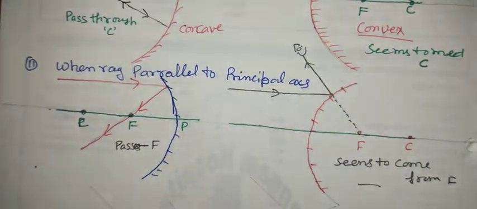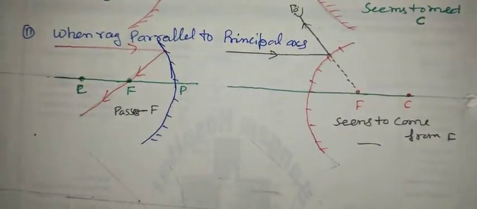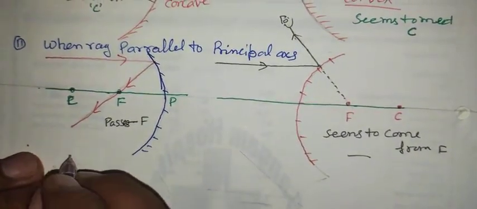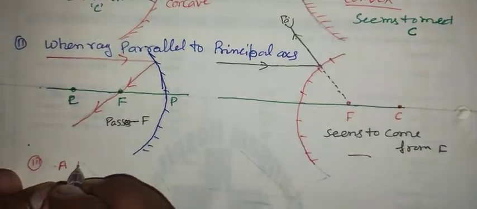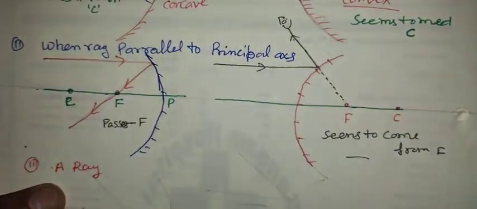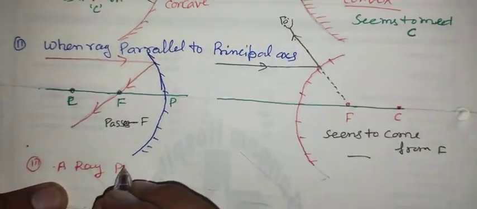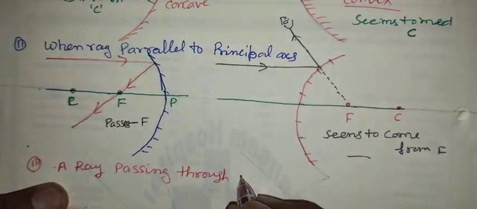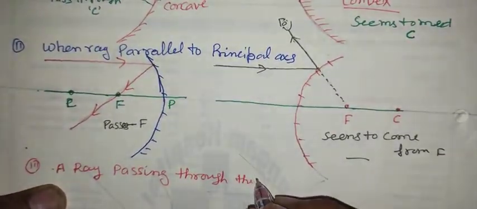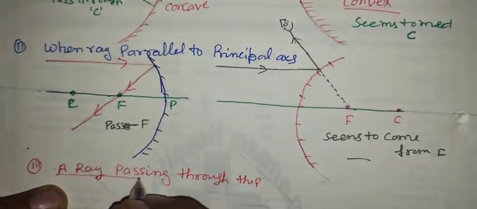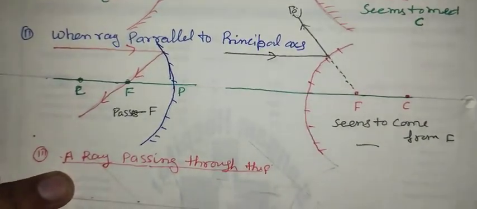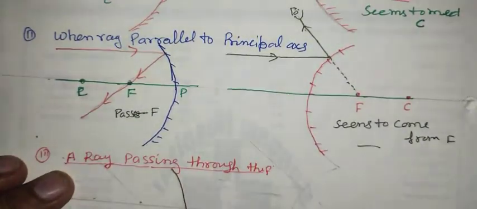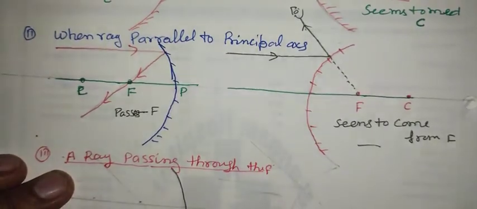Now we are going to see the third rule. See, what is the third rule? A ray passing through the focus. First of all, see the case of a concave mirror.